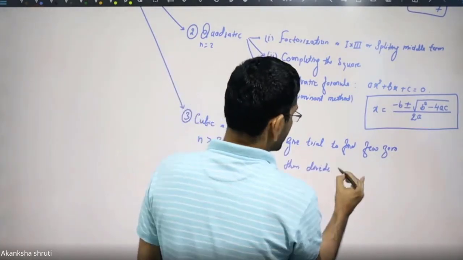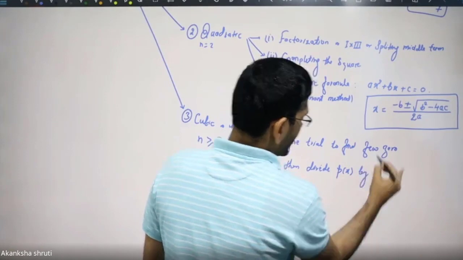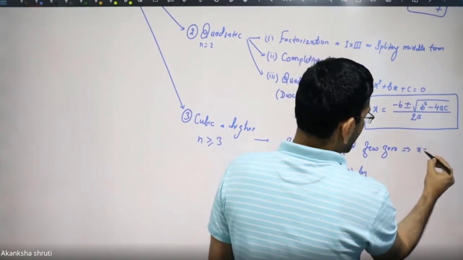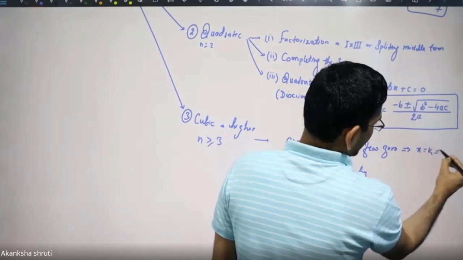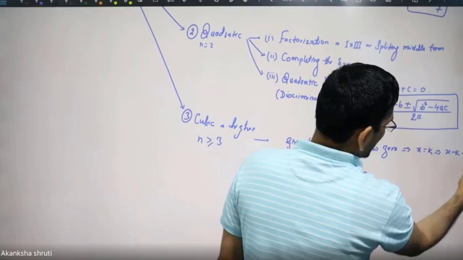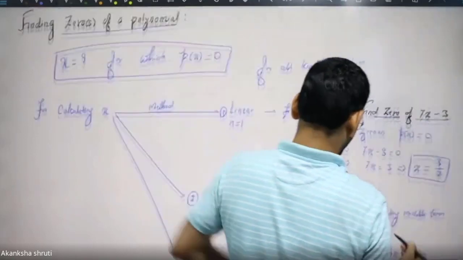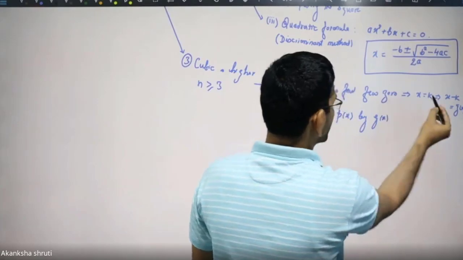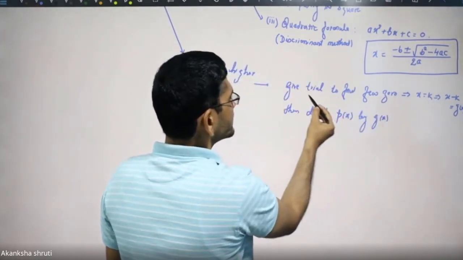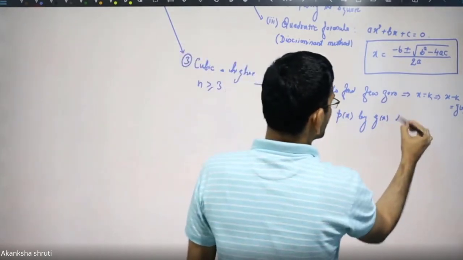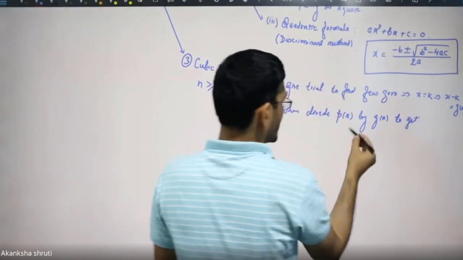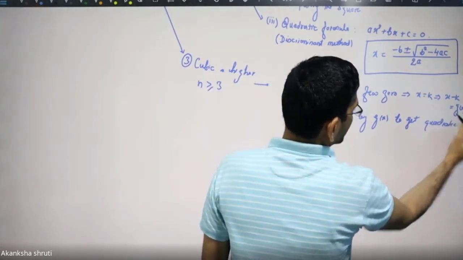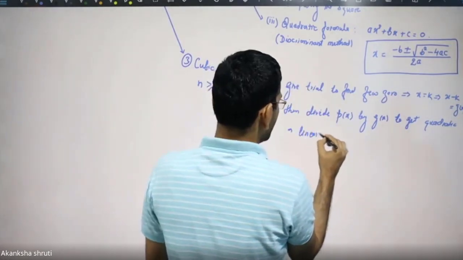Then divide the given polynomial p(x) by x minus k, where k is the zero that you get, taking x minus k as the new polynomial g(x). So p(x) divided by g(x), where g(x) is found by taking the zero determined by giving trial, you get a quadratic or linear polynomial.